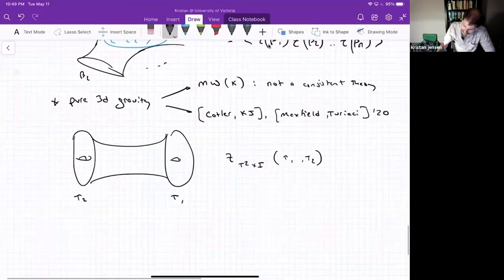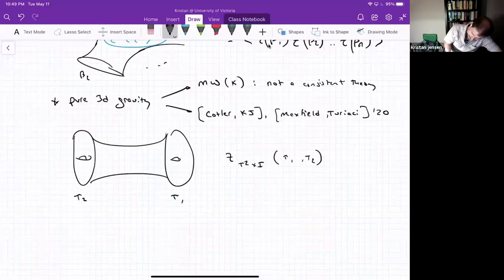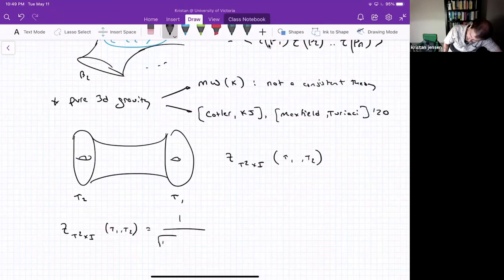I should write down what the answer is for this because it's so pretty. If you're familiar with CFT partition functions or Maloney-Witten or some such, you'll appreciate that it's very simple.